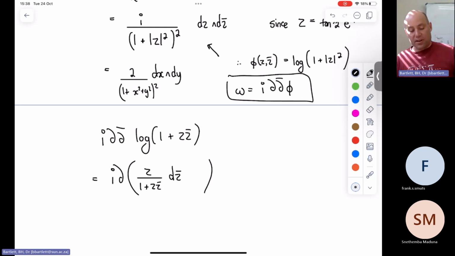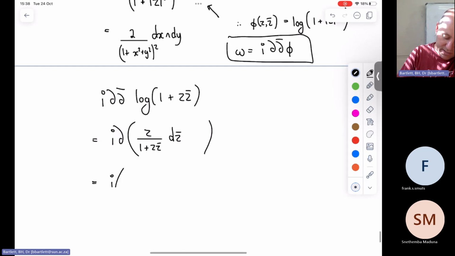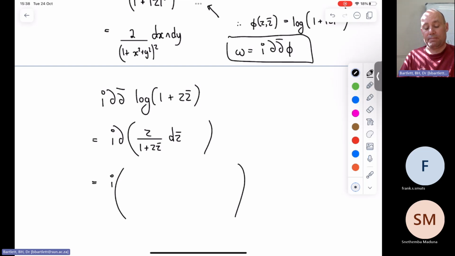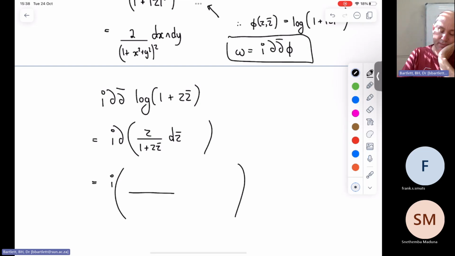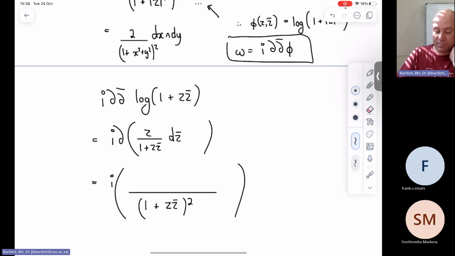Okay. Now I've got to differentiate it again, now with respect to z. So I get i times, let's do our little calculation. It's now a product rule calculation. So it's bottom differentiate the top minus the top differentiate the bottom over the bottom squared. The bottom differentiate the top with respect to z is going to give me 1.